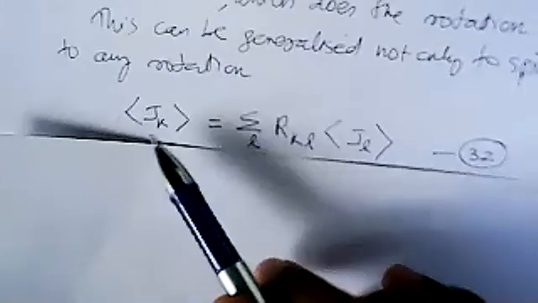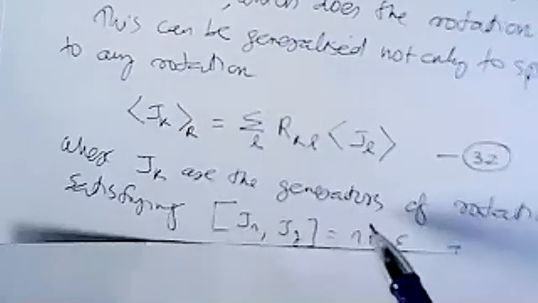So now this idea can be generalized not only to spin but also to any kind of rotation or any angular momentum. Instead of S, you can write Jk of R, rotated. The expectation of Jk of R is equal to sum over l of Rkl times expectation of Jl, where Jk are the generators of the rotation.